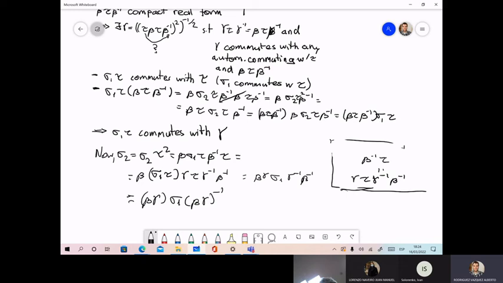Yes, it seems that this is difficult. But maybe I was mistaken here and I had to take, let me check on the notes, but probably I had to take something the other way around, conjugating the other way around.